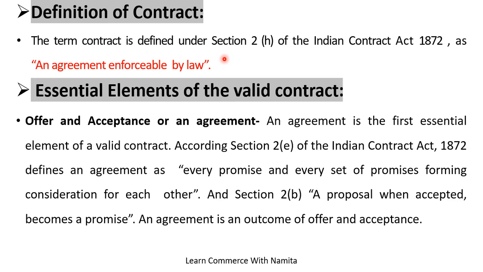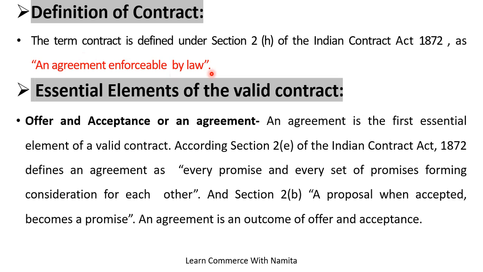It is defined in Section 2(h) of the Indian Contract Act 1872, as an agreement enforceable by law. So every agreement and promise which is enforceable in a court of law is a contract. Now what is agreement? An agreement which is enforceable by law is equal to what?